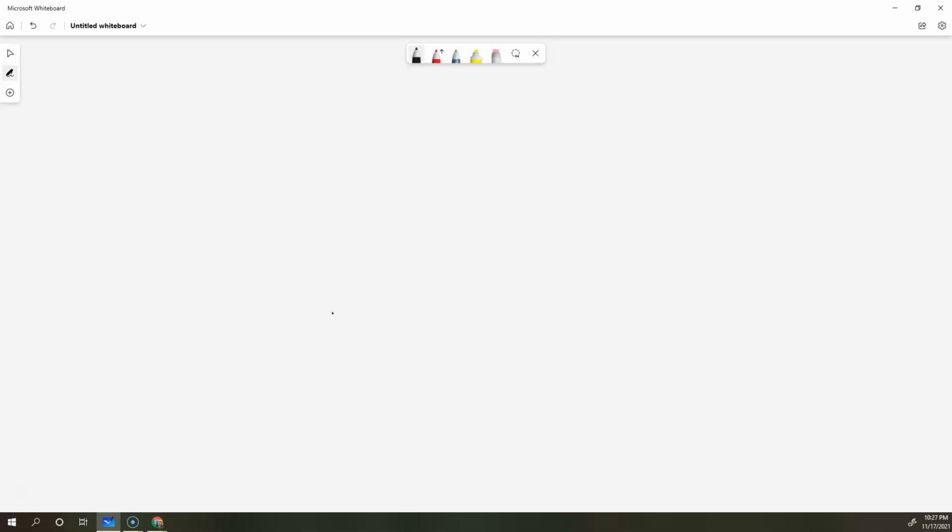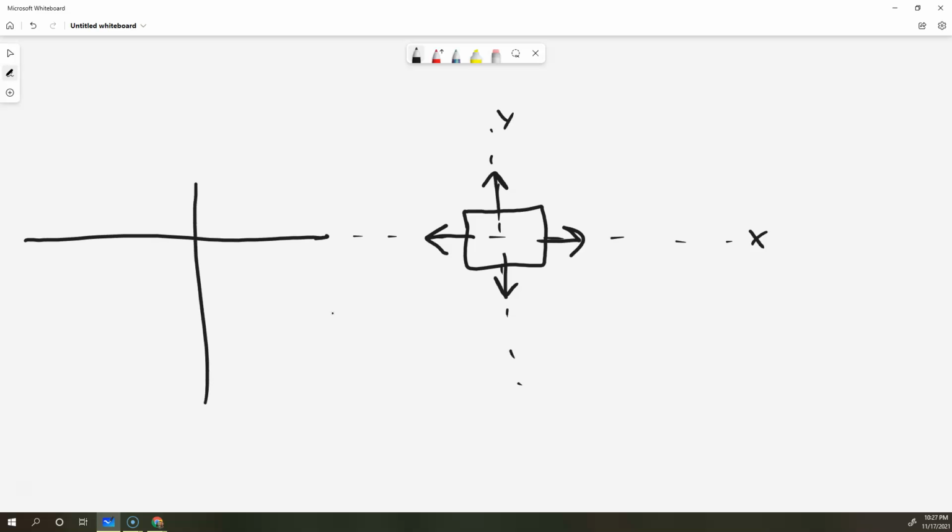But before I do that, I want to talk about the fact that I've been drawing these axes as I've been doing my problems. This is really important because if you get problems that have forces along two different axes, you have to do this process more than once.